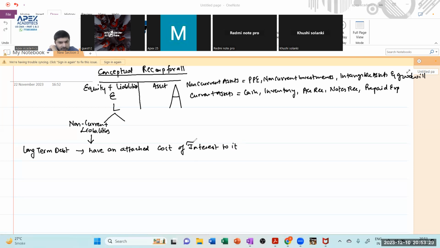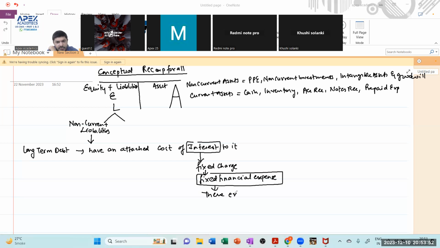Do you all agree with my statement that interest is a fixed charge? Yes or no? If it is a fixed charge, I can also call it a fixed financial expense. Whenever there is a fixed expense, there exists a risk.